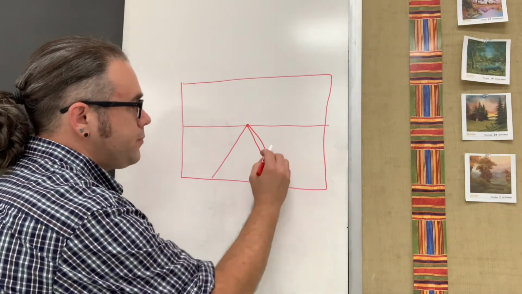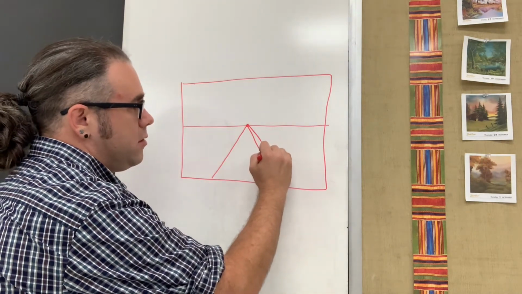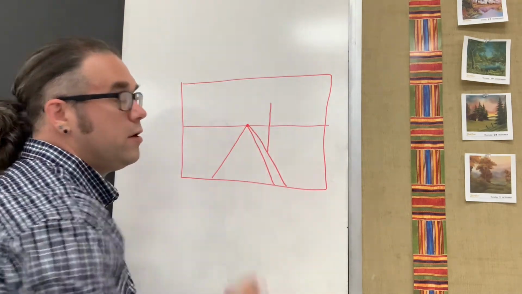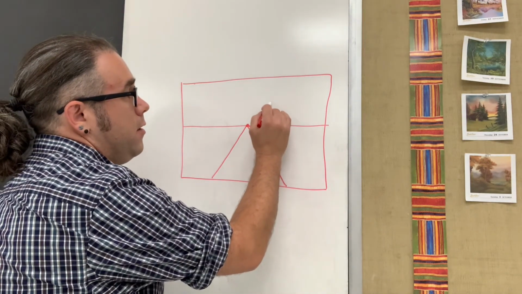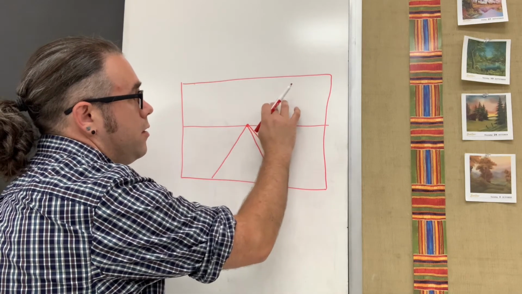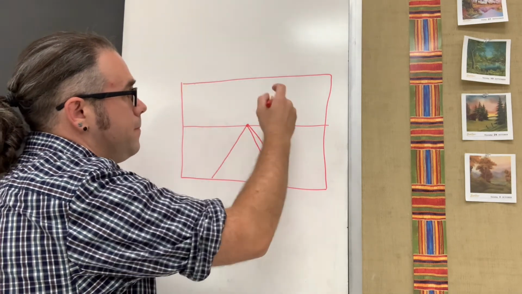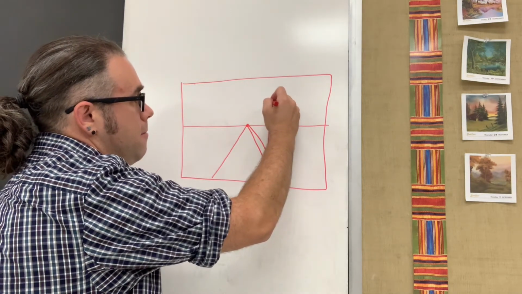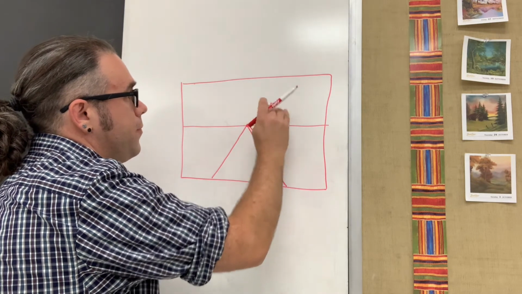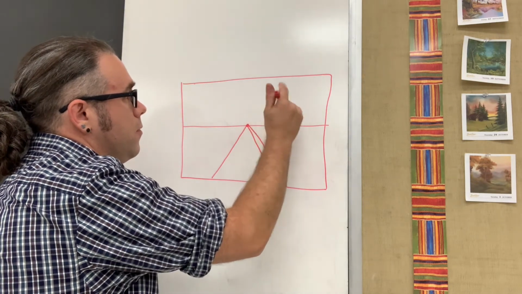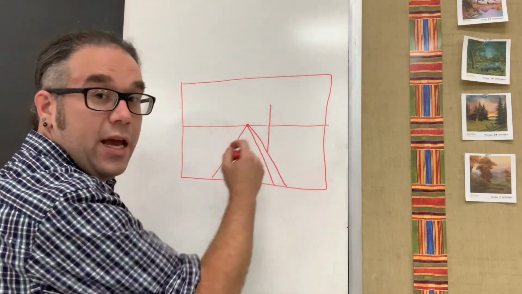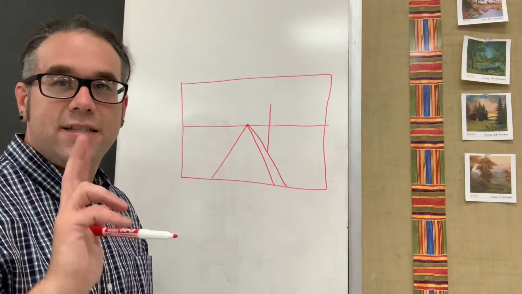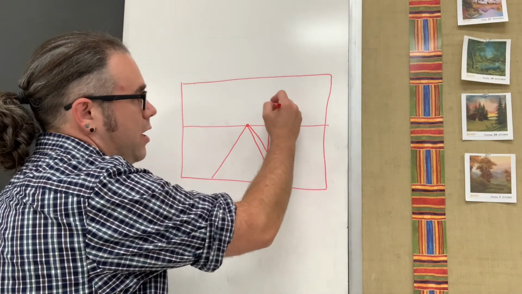Okay, house goes up from the ground above the horizon line. The next line has to be diagonal, mirroring this same line so that that's the side of the building, the front side.